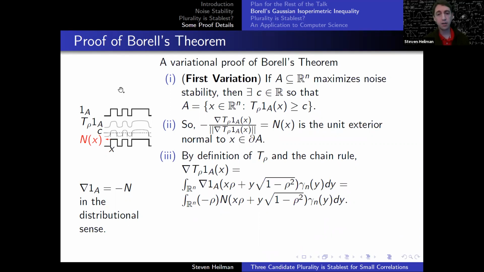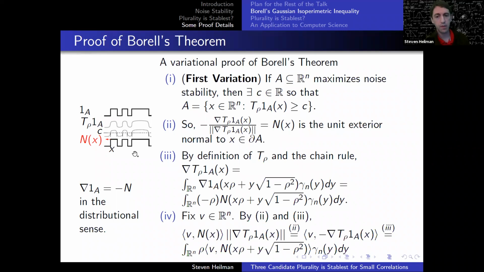Now we're just going to combine all the above. It's unclear why I'm doing this, but I'm going to start with this quantity. By equation 2, if I substitute it in there, I have the normal vector n times the length of the gradient is equal to minus the gradient.